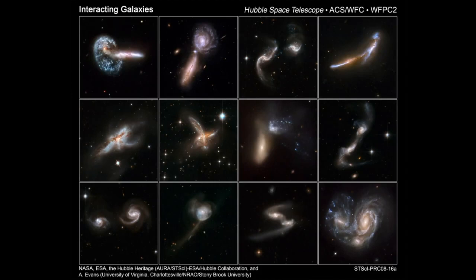The disks of the galaxies get distorted, tidally disrupted, and it all depends on the orientation that they come in at. So this is what they look like when you have two radically interacting galaxies. And now that we have a good computer simulation that seems to be doing exactly what we see in nature, we think we're on the right track.